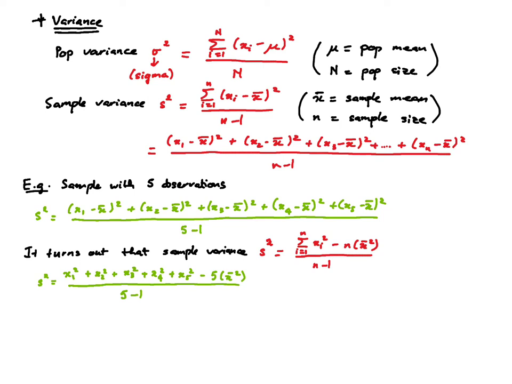We got this formula because if you expand the summation notation in the original formula, you're going to get x1 squared plus x2 squared plus all the way to xn squared, minus n times x bar squared, divided by n minus 1.